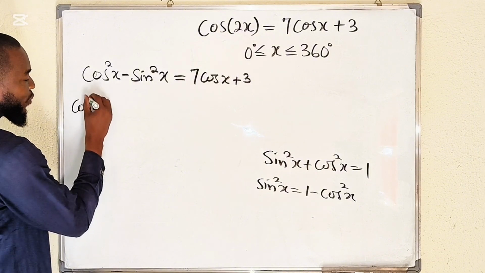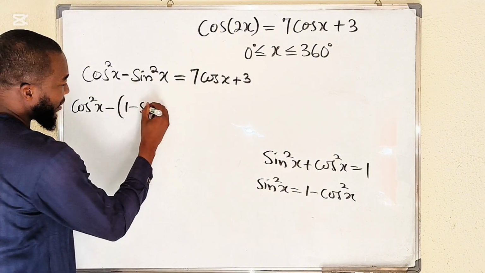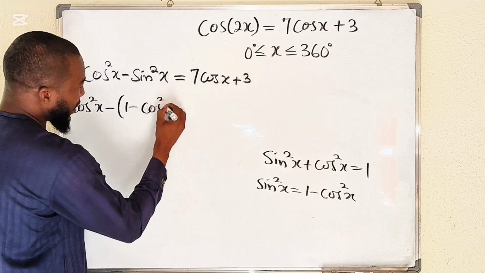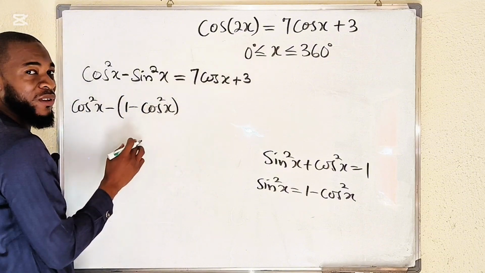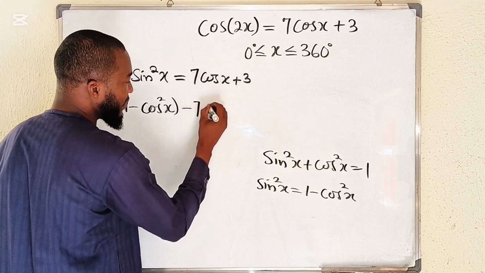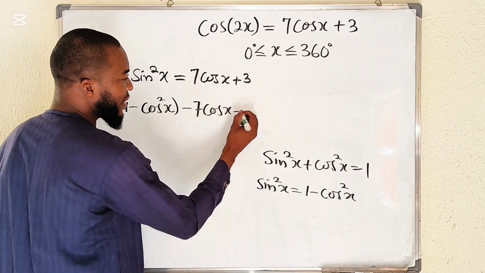So cosine squared x minus the whole of 1 minus cosine squared x is equal to... we can also bring all these terms to the left hand side. As this crosses over, it becomes negative 7 cos x. As this crosses over, it becomes negative 3.